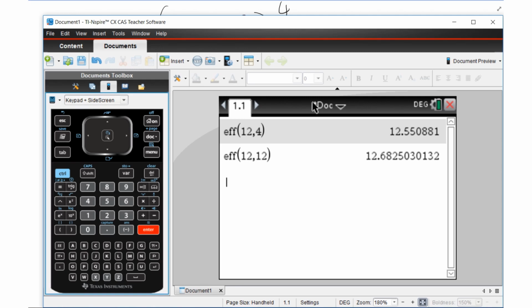So notice that does have a big impact on what the effective interest rate is. Okay. So that's how you can use that function on your calculator.